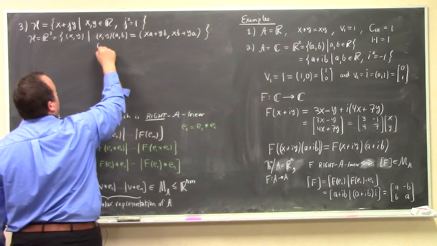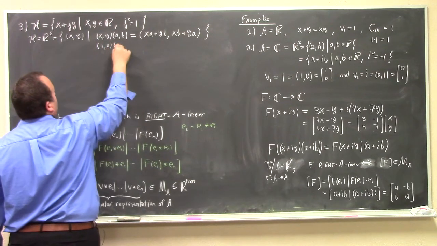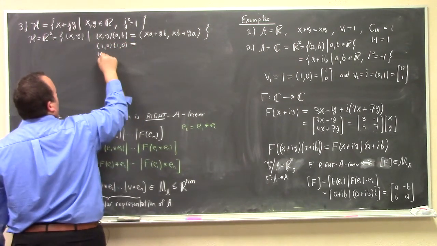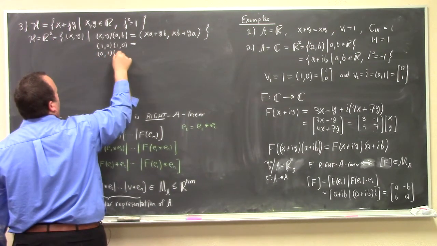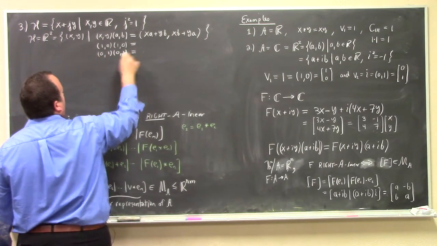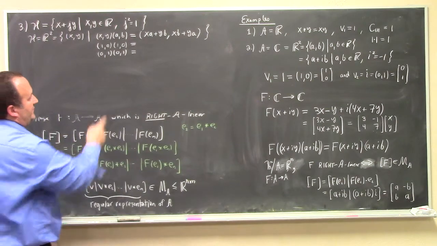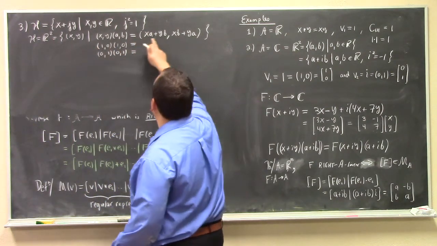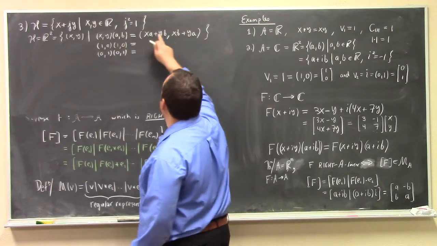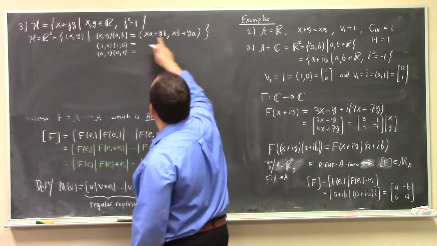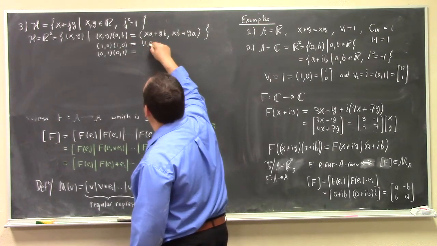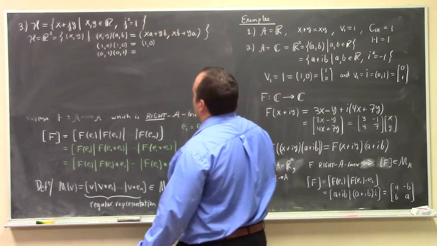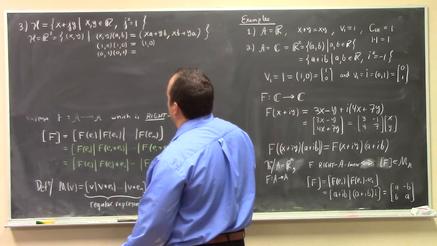In particular, (1, 0) times (1, 0). If you look at this definition, with x equals 1, y equals 0, a equals 1, b equals 0, you just get (1, 0) again. You tell me what happens for the other one, (0, 1) times (0, 1).